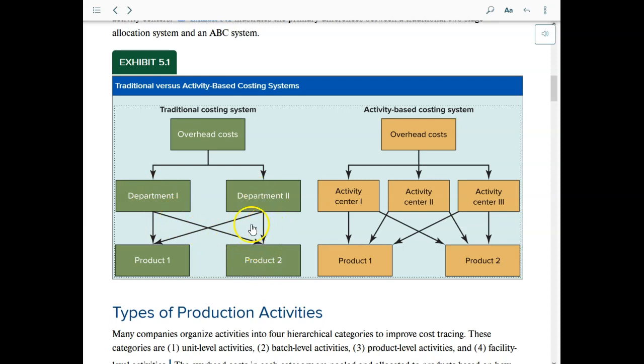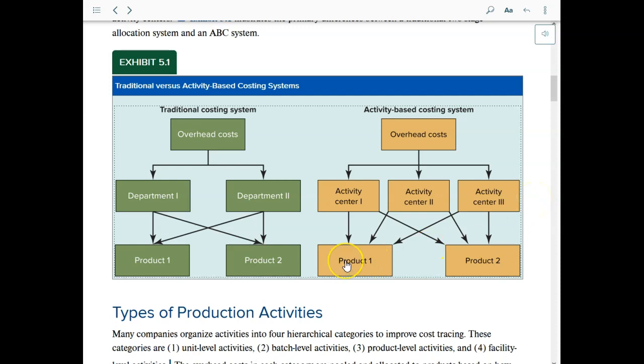You're dealing with one rate per department, and maybe a relatively few number of departments. Now, the activity-based costing system groups cost into pools for each activity center, and usually you have a lot more than just 3 here.